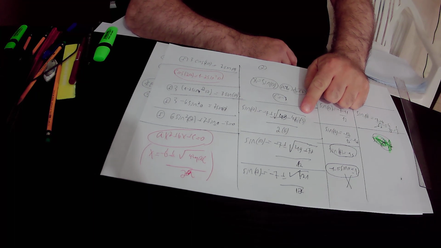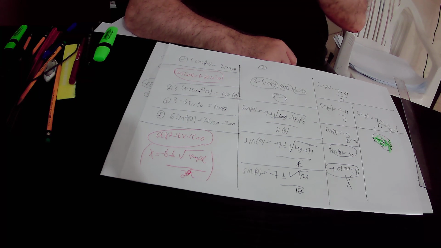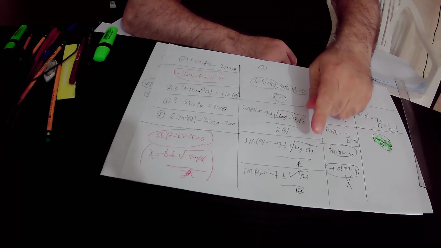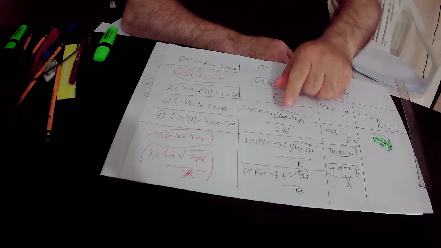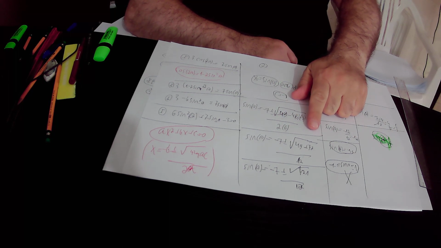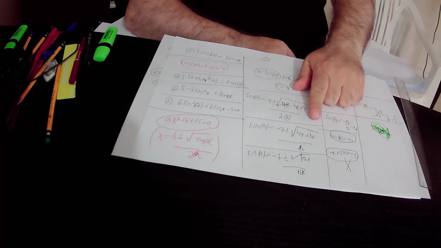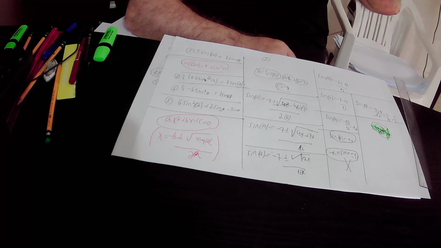So in conclusion, we got here plus 72. Inside the root we have 49 plus 72, and 2 times 6 is 12. So in conclusion, sine theta equals minus 7 plus or minus the square root of (49 plus 72), over 12. 49 plus 72 is 121, and the square root of 121 is 11.